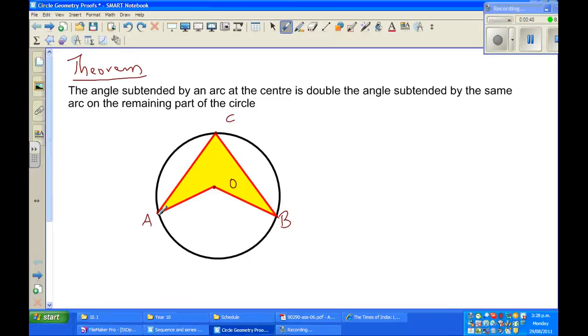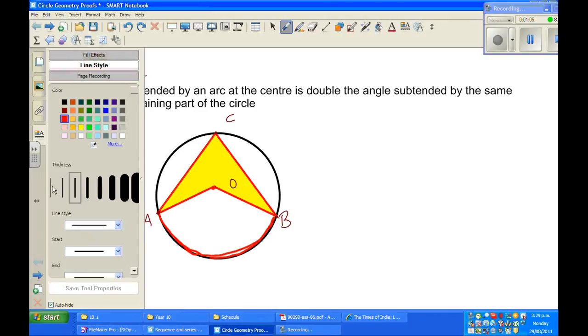So what they're talking about is, suppose this is an arc. So let me draw, this is, say, the arc of the circle. So this is the arc, this is the center. Now this arc is subtending an angle at the center, so you can say angle AOB is the angle at the center.